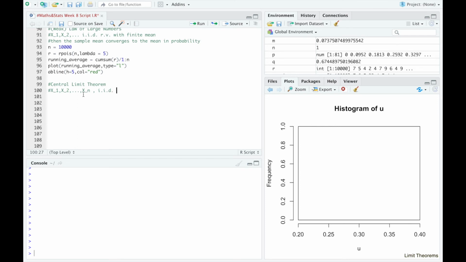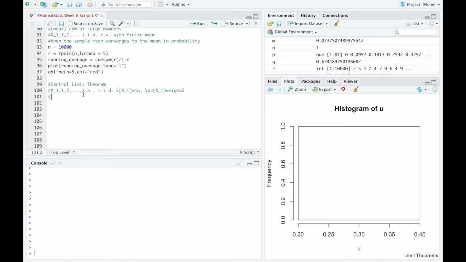We don't care about the distribution, we care that the expectation of Xi is mu, so finite, and the variance of Xi is sigma squared. So they have finite expectation and variance.